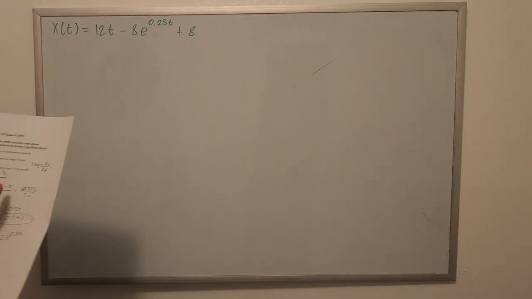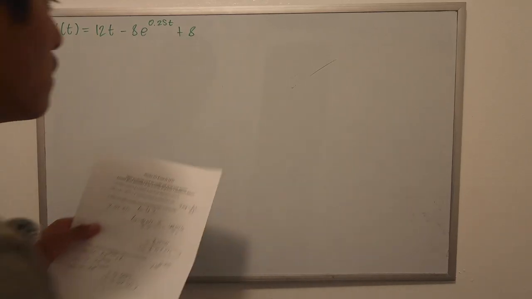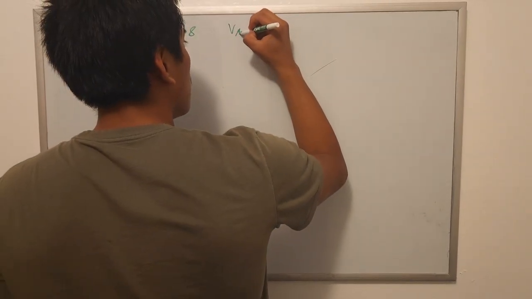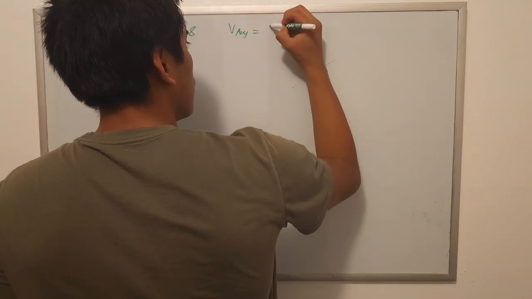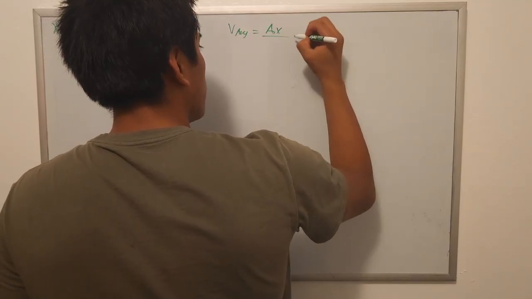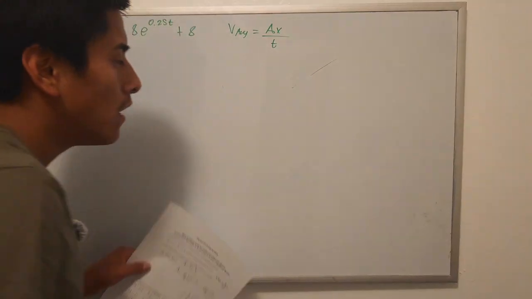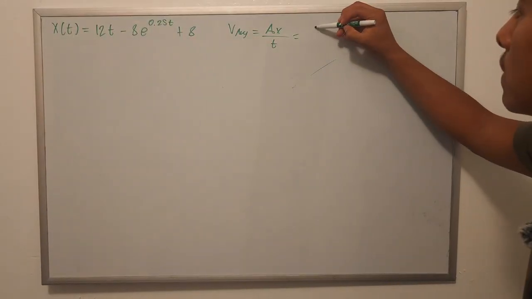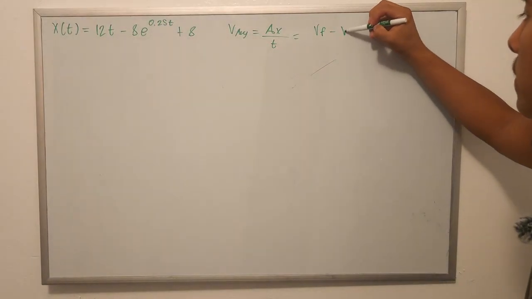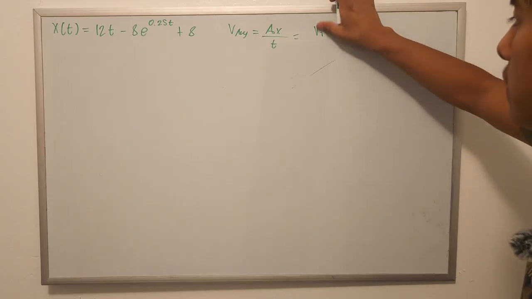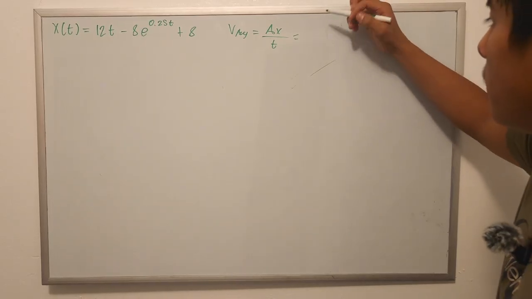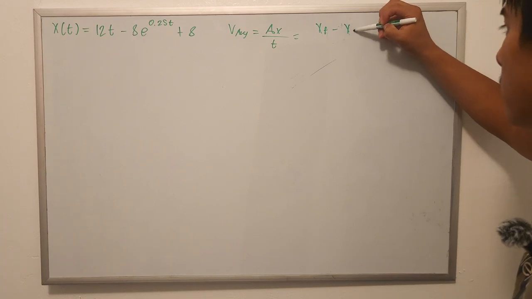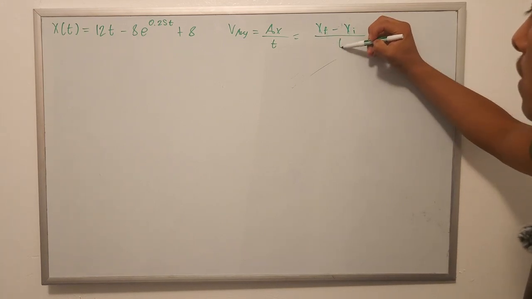So it's asking for average velocity, so we're going to use the equation for average velocity, which is delta x over t, and this can also be written as position final minus initial position over time.